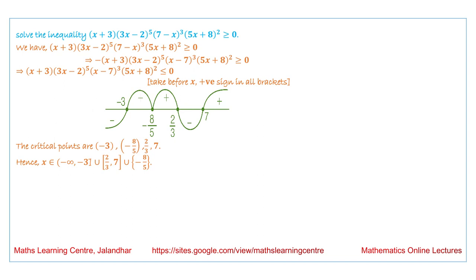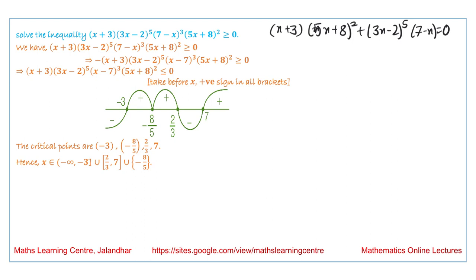If we look at these values, suppose I equate each factor to 0: x + 3, 5x + 8 whole square, 3x - 2 raised to the power 5, and 7 - x, equal to 0.